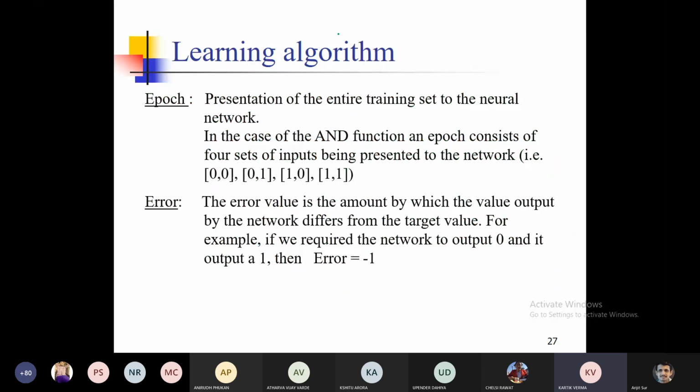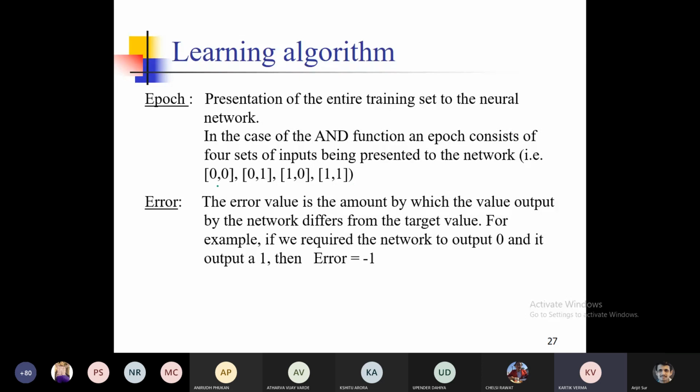Okay. So before we conclude today, regarding the learning algorithm, there are a few things you have to know. What is an epoch? Presentation of the entire training set to the neural network. So one full pass of the training set is called an epoch. In case of the AND function, an epoch consists of 4 sets of inputs being presented to the network. All this is the training set, with the corresponding values and weights.